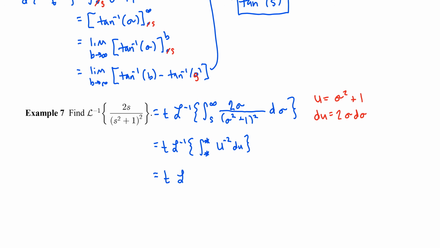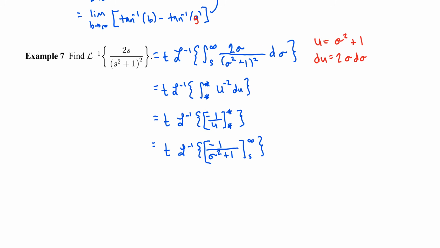This becomes the inverse Laplace transform. Integrate, we're going to get u to the negative 1 over negative 1, or negative 1 over u. And we're going to run that between two limits, but not until I go back and pick up the original variable. The original variable, u, remember, was sigma squared plus 1. So I'm going to evaluate this from s to infinity. Okay?